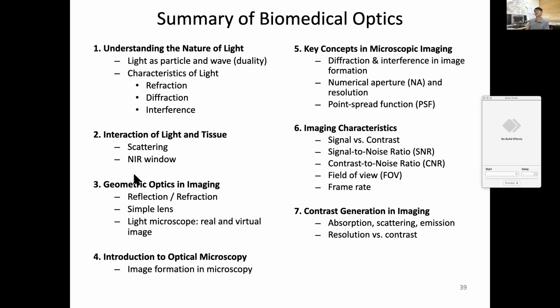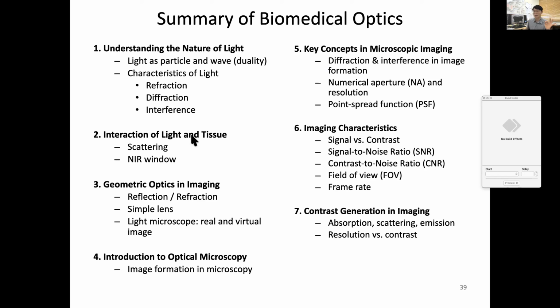Let me summarize this week, although this could be a semester course of biomedical optics. We started with the nature of light, with particle-wave duality. This sets a fundamental limitation of our imaging resolution, and the characteristics of light: refraction, diffraction, and interference. Diffraction and interference are how we form an image in a microscope and in your retina, how you are seeing the world.